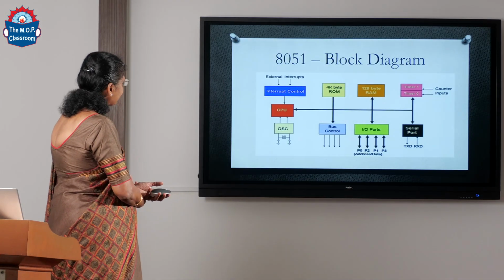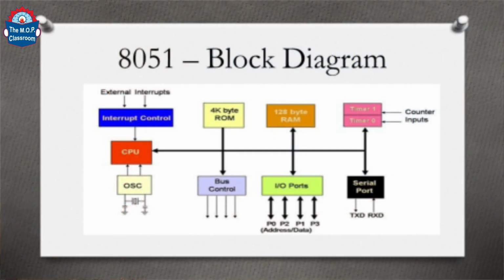Now, this is a block diagram of the 8051. These are the basic functional blocks. So, we know that CPU is the brain of this microcontroller. Now, this CPU receives clock pulses from an oscillator, and also it can receive interrupts through the interrupt controller. We already saw that the internal memory has ROM and RAM. The program memory is 4K byte ROM and the data memory is 128 byte RAM, and it has two timers, timer 0 and timer 1, and it has a bus control system which controls the entire bus system inside this 8051.